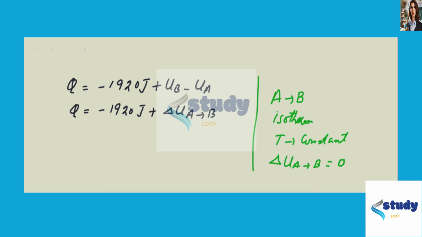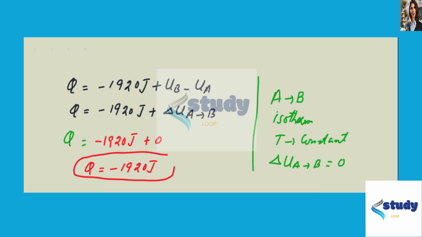So by plugging the value of change in internal energy equal to 0 here, Q equal to minus 1920 joule plus change in internal energy in isotherm, which is 0. So this gives us Q equal to minus 1920 joule.